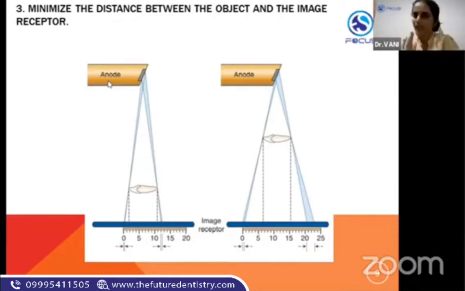So I hope that was clear. The second principle was you have to increase the distance between focal spot and the object so that only the most parallel X-ray beams come and strike the object, reducing the zone of unsharpness. And the third principle is you have to reduce the distance between the object and the image receptor.